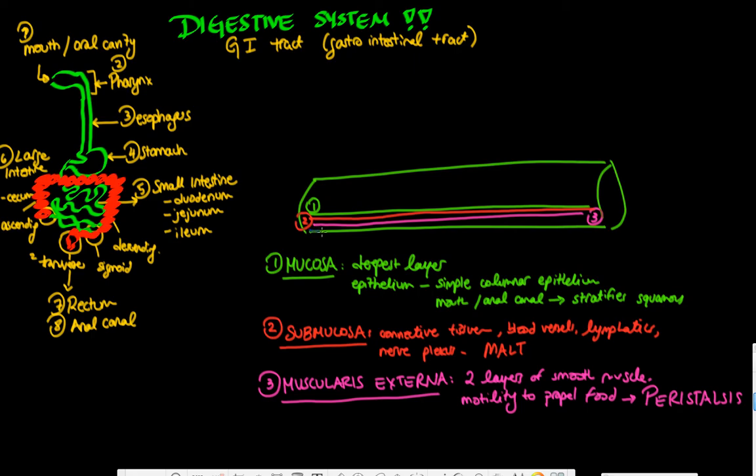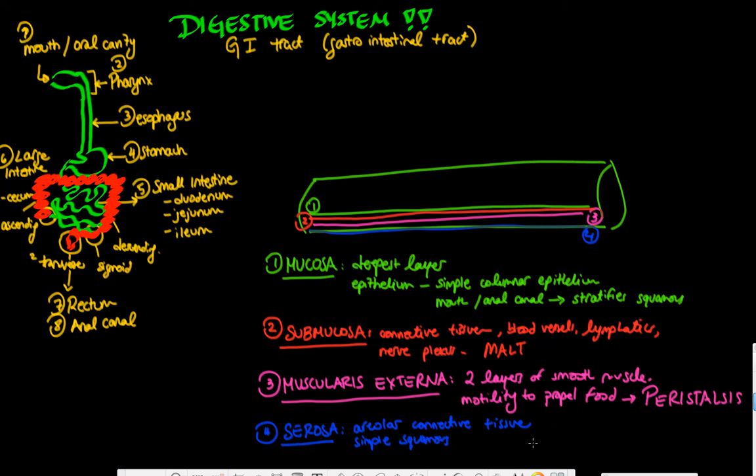And finally, we have a fourth layer that is the most superficial layer, and this is what we call the serosa. And so the serosa is made up of just a thin layer of areolar tissue, connective tissue for protection, also made up of a simple squamous epithelium.